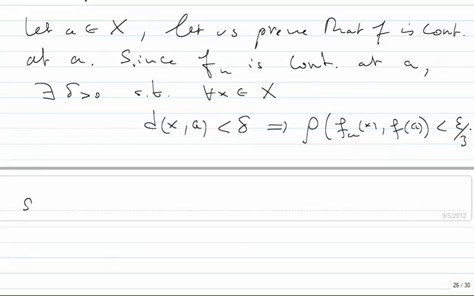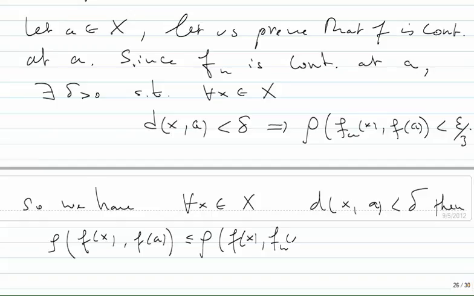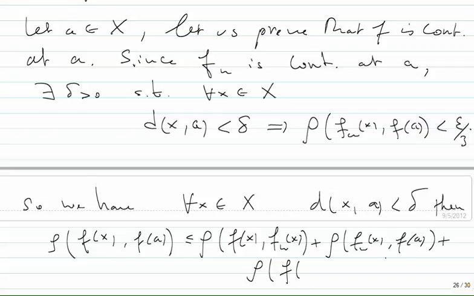So we have, for every x in X such that the distance from x to a is less than delta, rho of f of x, f of a is less or equal, from the triangle inequality, rho of f of x, Fn of x, plus rho of Fn of x, Fn of a, plus rho of Fn of a to f of a.